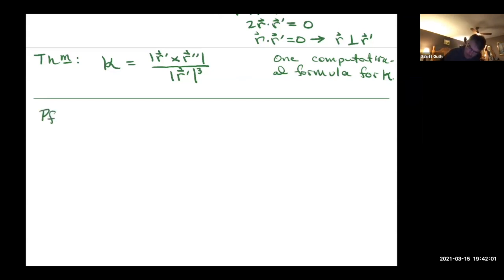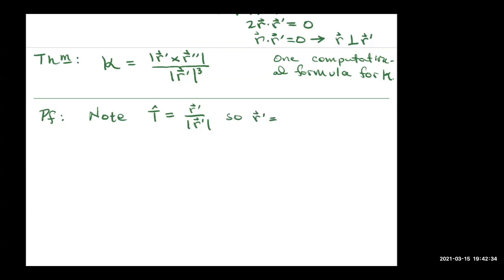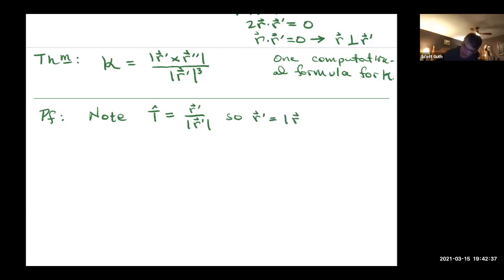For the proof, the first thing we want to do is note that the unit tangent is equal to R prime over the magnitude of R prime. So R prime is equal to the magnitude of R prime times the unit tangent.